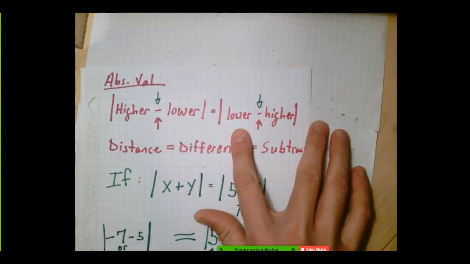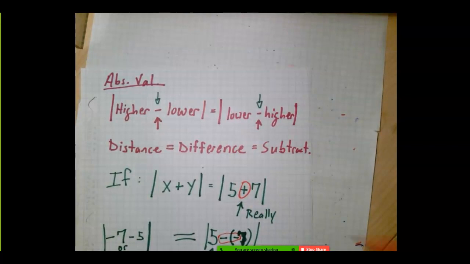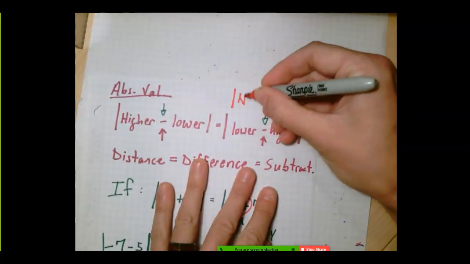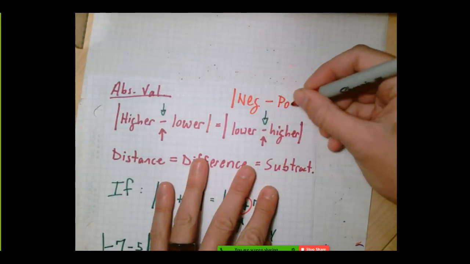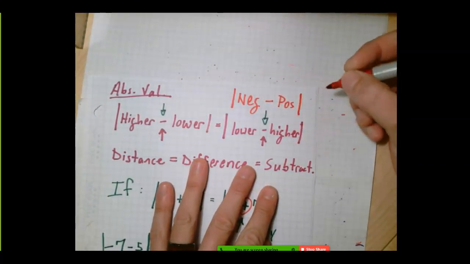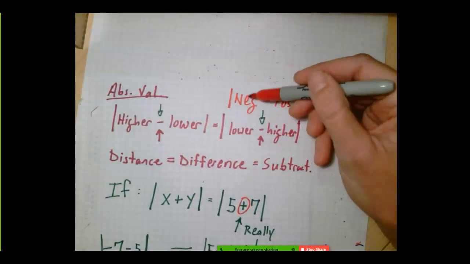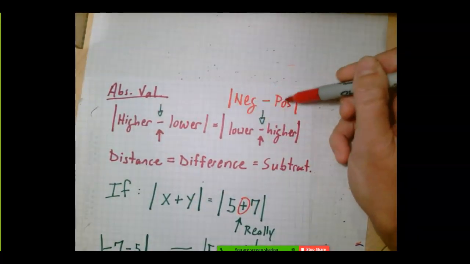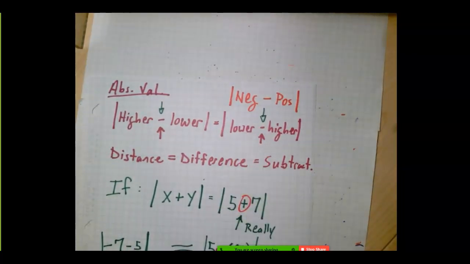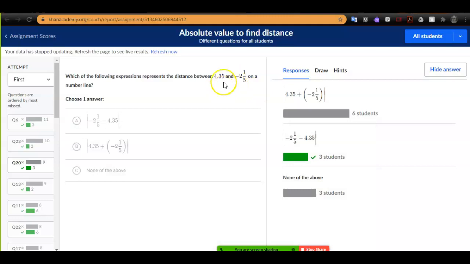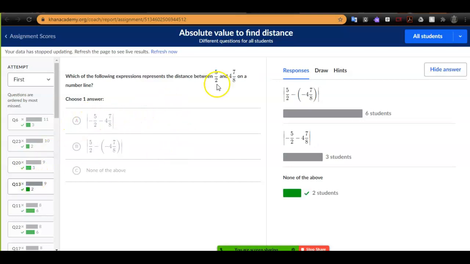Their lower number, because we can have a negative number as our lower minus a positive number as the higher, and then it will look like negative something minus positive something, but really all that's doing is lower minus higher. So if we bounce back to that problem, lower, negative 2 1/5, minus the higher, that's why A is our correct choice. Let's look at one more of these before we get out of here.